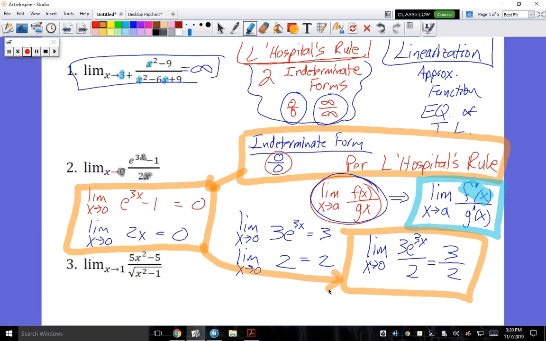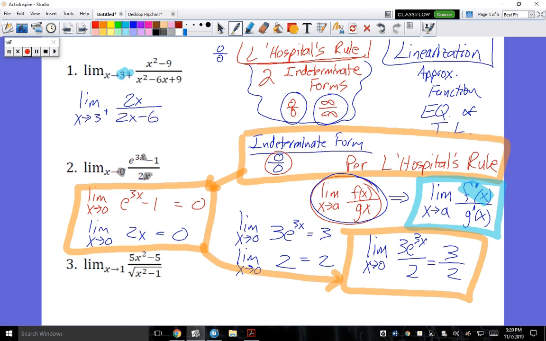Nice. Okay. So if we were to go back just real quick to this one, which we got infinity, and I took 3 and plugged it in, and I got this 0 over 0, and I took the derivative. Okay, so I showed all this work, but I went straight to the limit as x approaches 3 from the right of 2x over 2x minus 6.